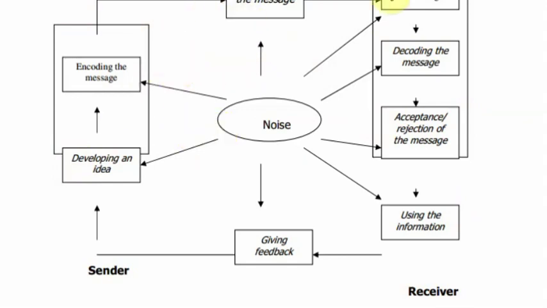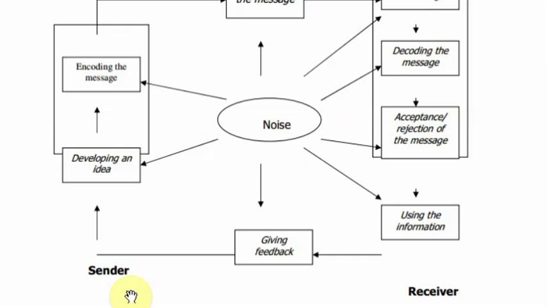So this is one circle: the sender sends the message, the receiver receives the message and gives feedback. Then this is called a cycle, the communication cycle. So communication occurs in cycles. The sender sends, the receiver receives, and he gives the feedback. Then that is one cycle.